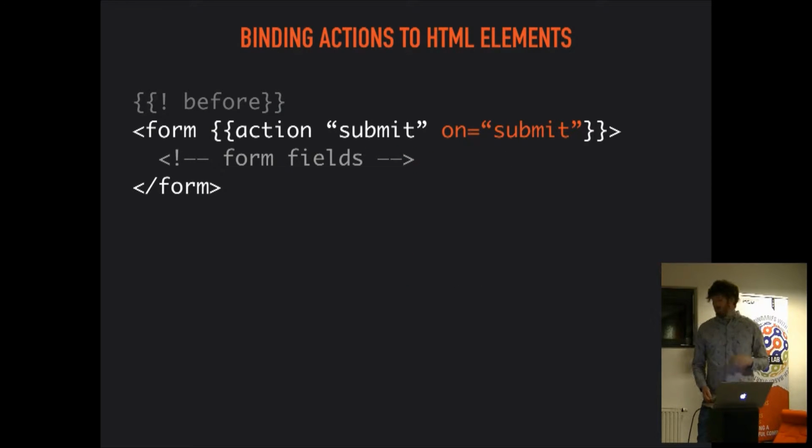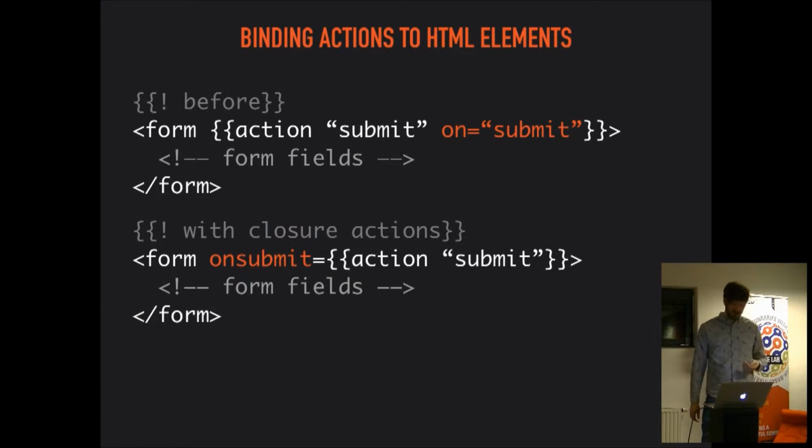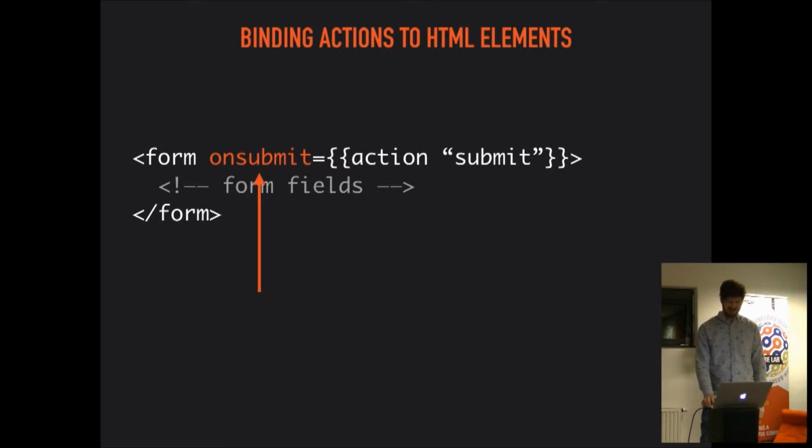And before we could say on submit, and that doesn't work with closure actions. You have to just assign it to the on submit attribute. And this is just like an event.